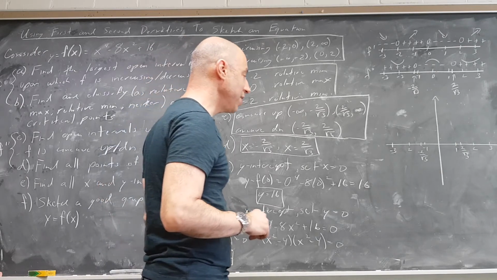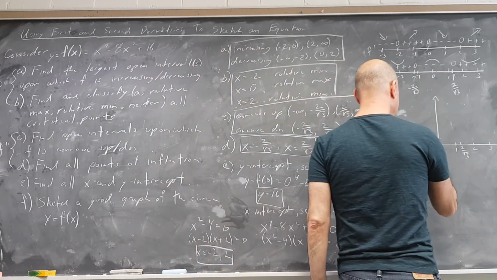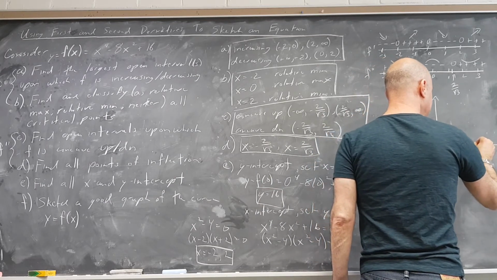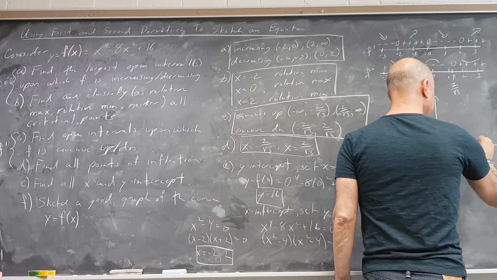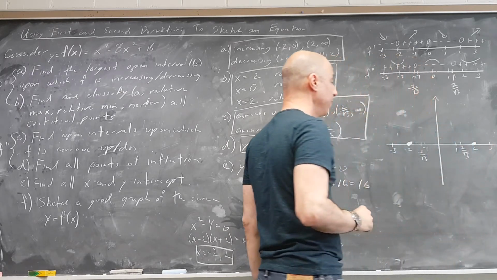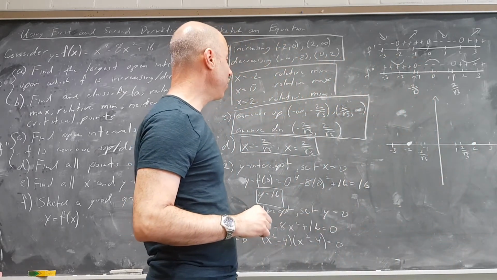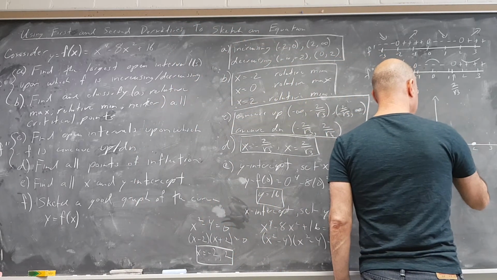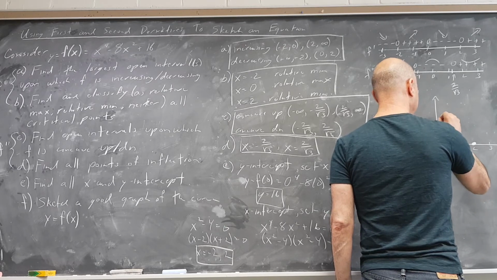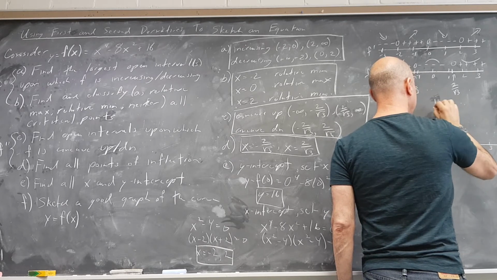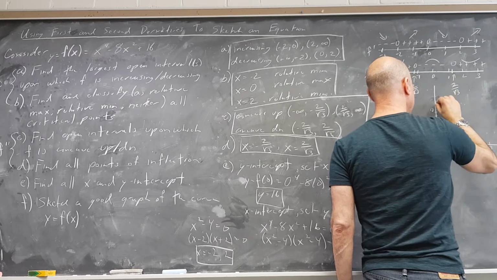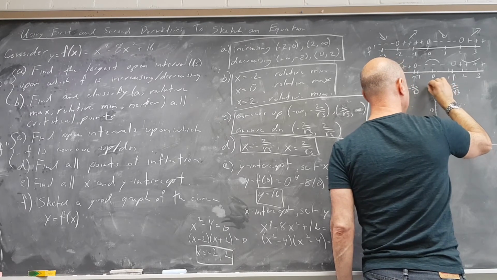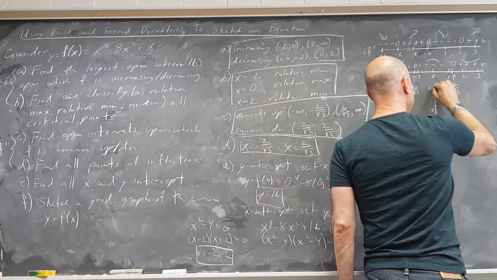I know this thing crosses the x-axis at minus 2, and I know it crosses at 2. I know it crosses the y-axis at 16. So let's see. 1, 2, 3, 4, 5, 6, 7, 8, 9, 10, 11, 12, 13, 14, 15, 16. Crosses the y-axis right there.